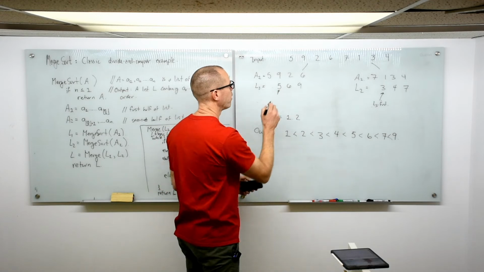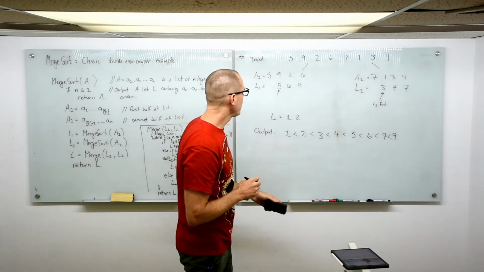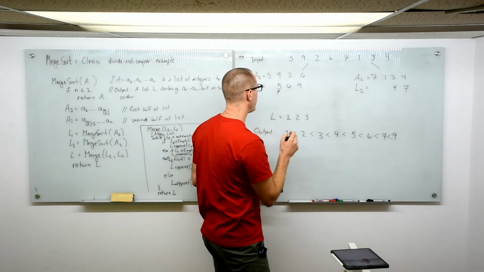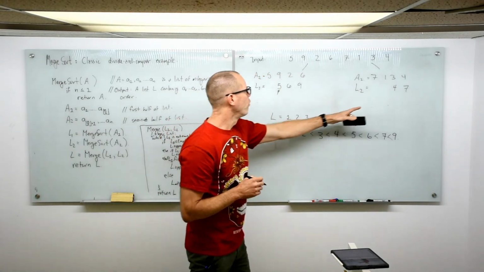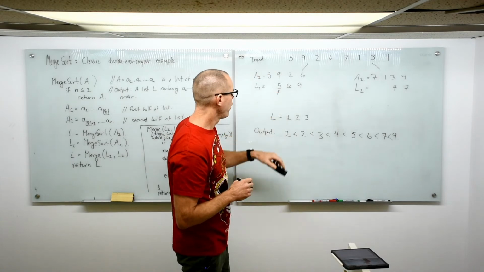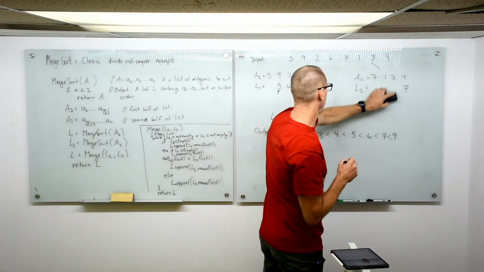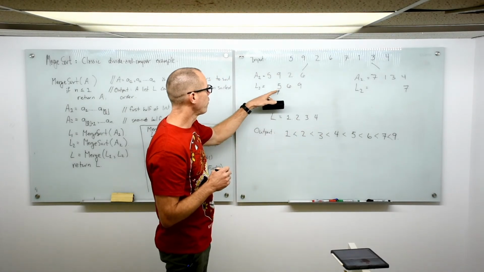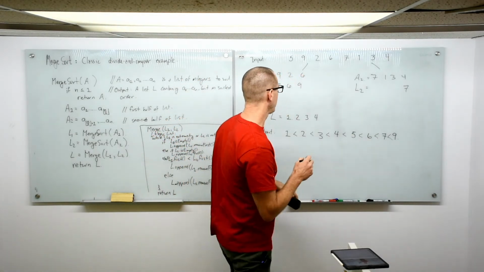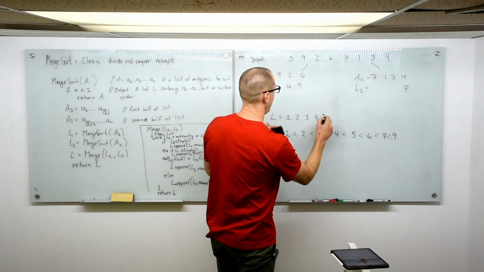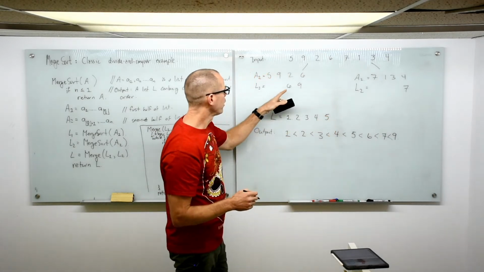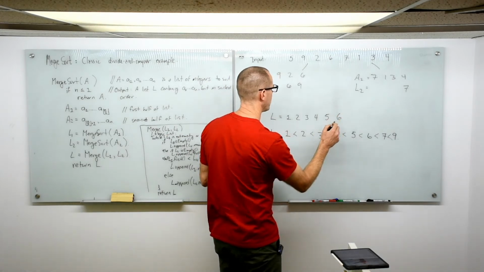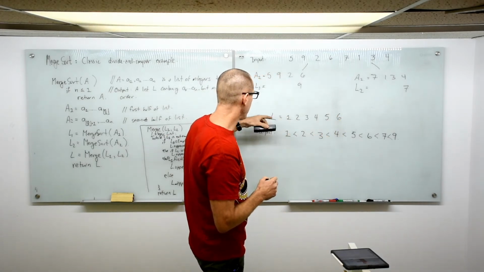Now we're looking at 5 and 3, so we'll take the 3 and put it in L. Now we're looking at 4 and 5, so we'll take the 4 and put it in L. Now we're looking at 5 and 7, so we take the 5 and put it in L. Now we're looking at 6 and 7, so we take the 6 and put it in L.